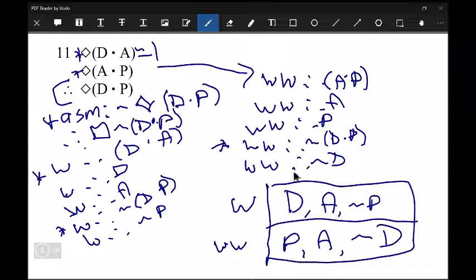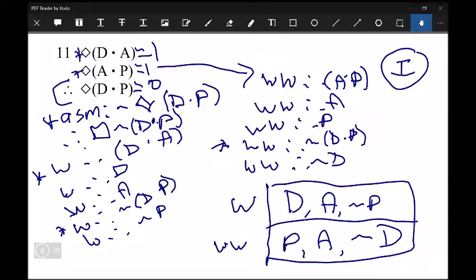It's possible that A and P. Some world has that. Therefore, there's a world with D and P both. Not there, not there, not anywhere. So you have premises true and conclusion false. Therefore, invalid.